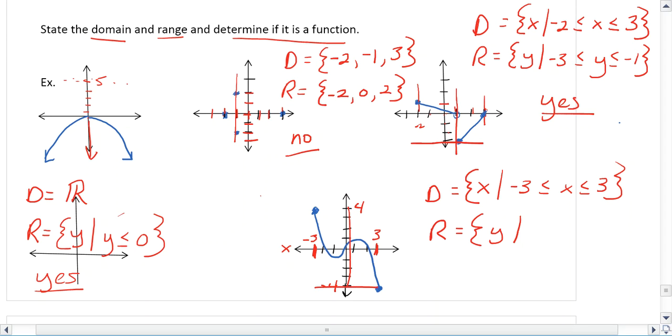It starts right down here at -4, the lower limit of the range. So -4 is less than or equal to y is less than or equal to, and the upper limit of the range is up here at 4. And then if we draw in any vertical line, it's only going to hit this graph once, so we would say yes, it is a function.